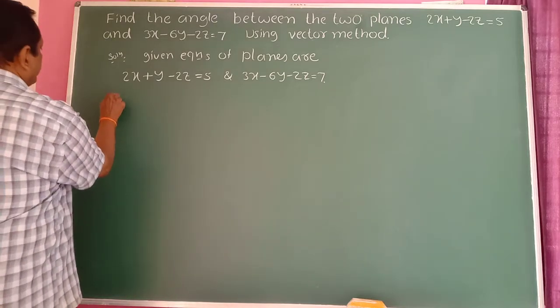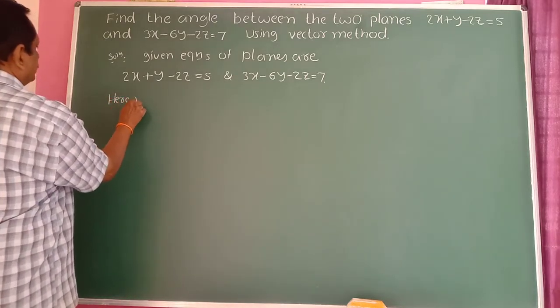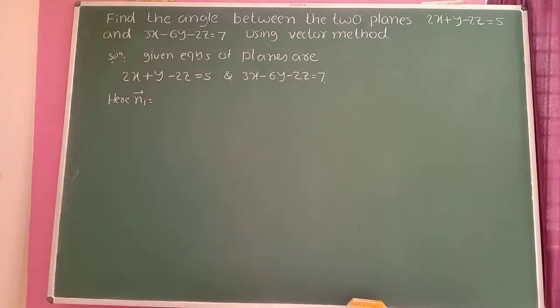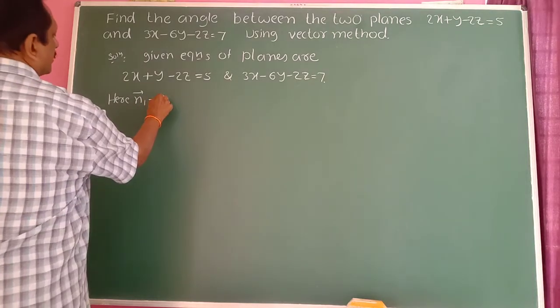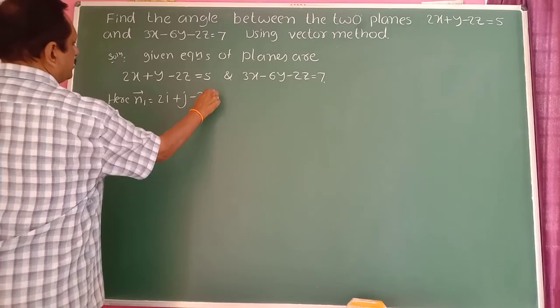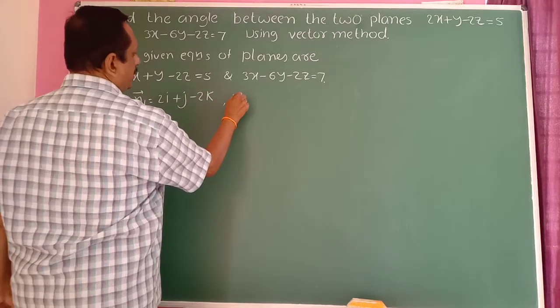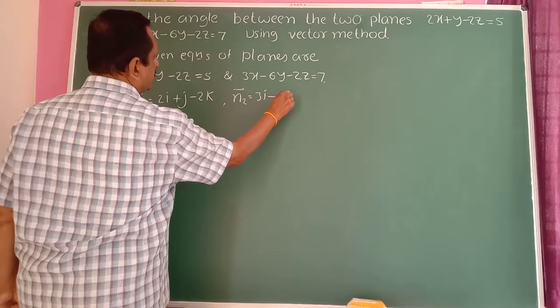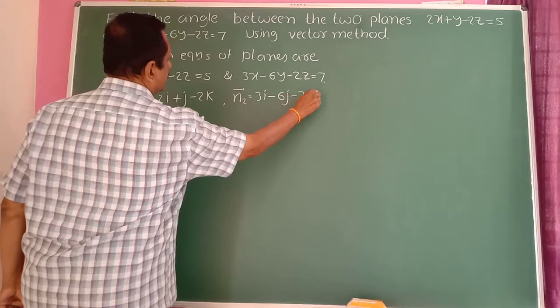Therefore, here n1 bar is equal to 2i plus j minus 2k and n2 bar is equal to 3i minus 6j minus 2k.